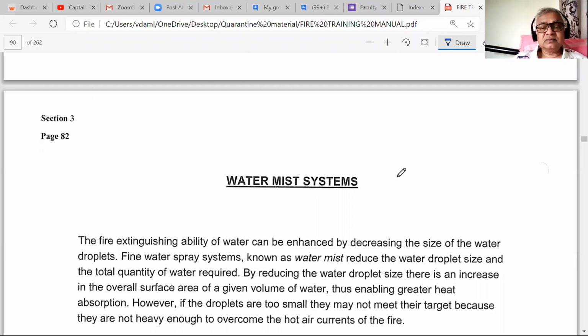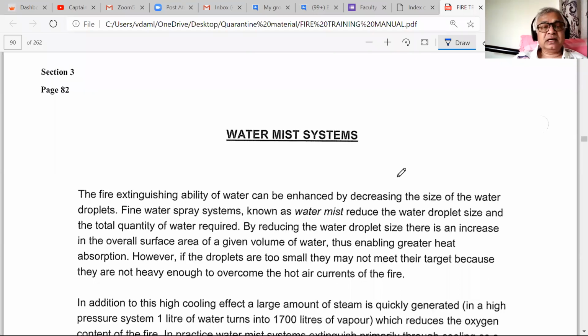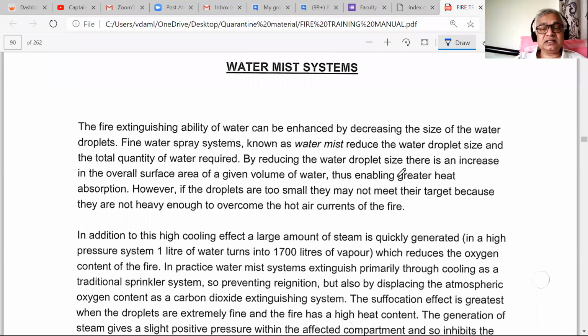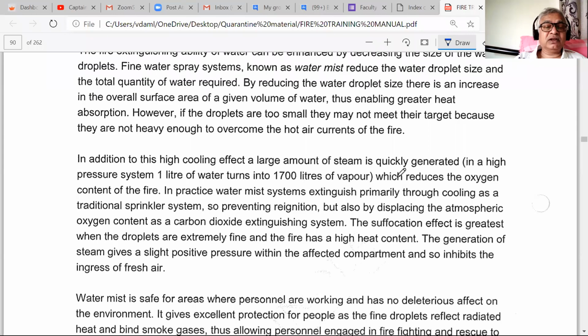Now, by decreasing size of the water droplet, we do much better job. So we started having the two types of hypermist system, the high pressure one and the super high pressure one. The idea is, just think here, 1 liter of water turns into 1700 liters of vapor.